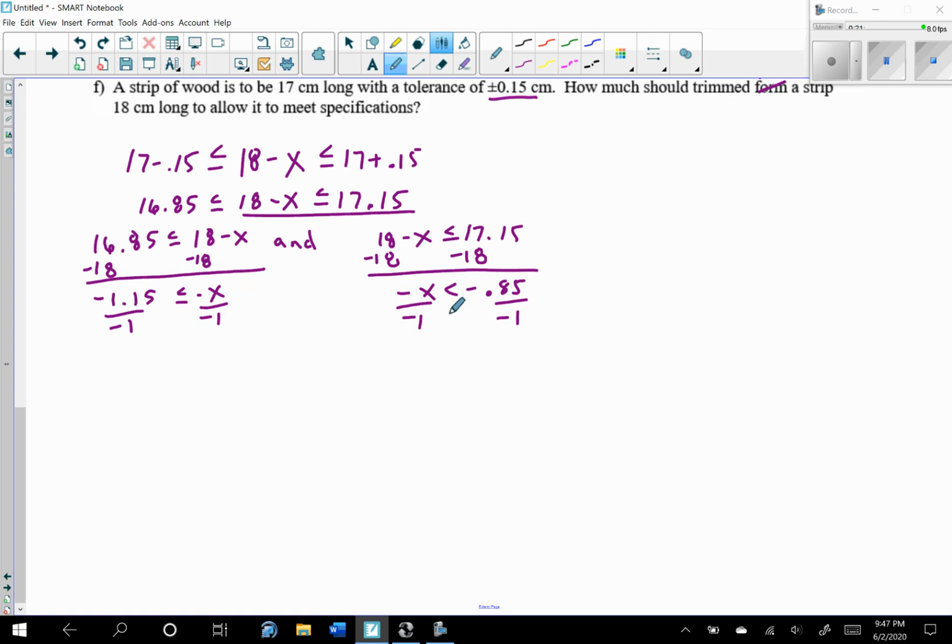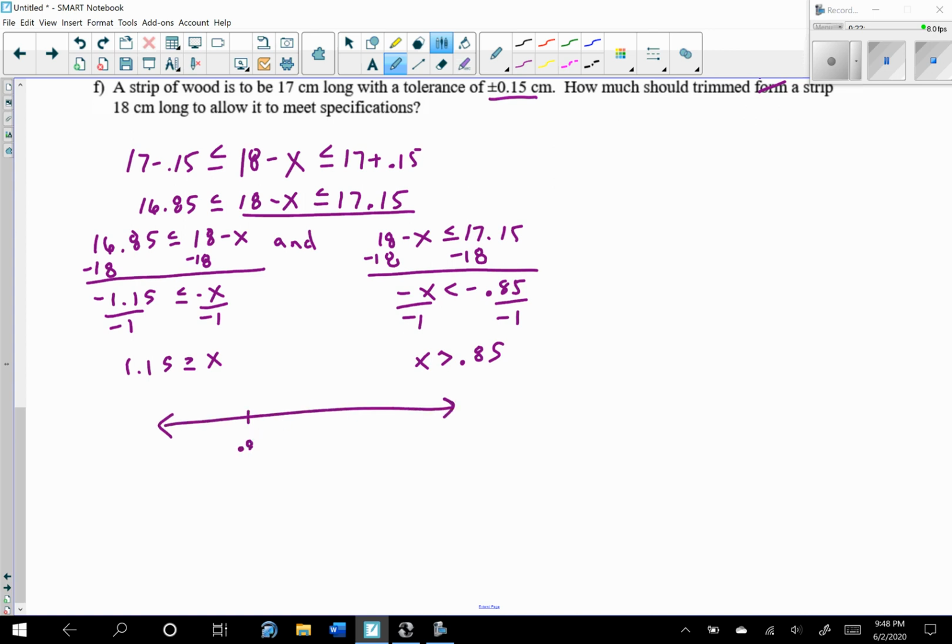So that means we need to flip these inequality symbols. So this gives us 1.15 is greater than or equal to x. And here we get x is greater than or equal to 0.85.